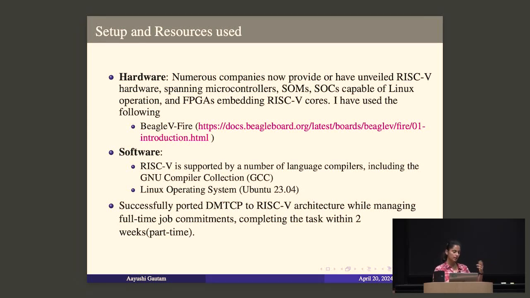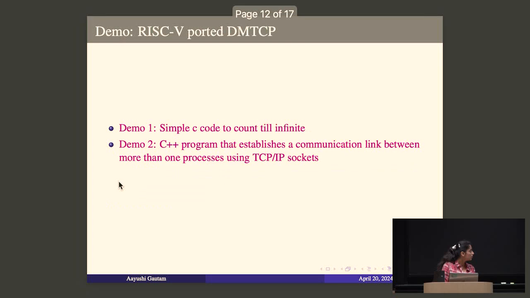It was preloaded with the Ubuntu 20 Linux operating system, and despite my full-time PhD, I was able to successfully port DMTCP to RISC-V within 2 weeks. So I feel porting middleware to RISC-V is feasible and efficient if done correctly. This is the setup and the time I took.